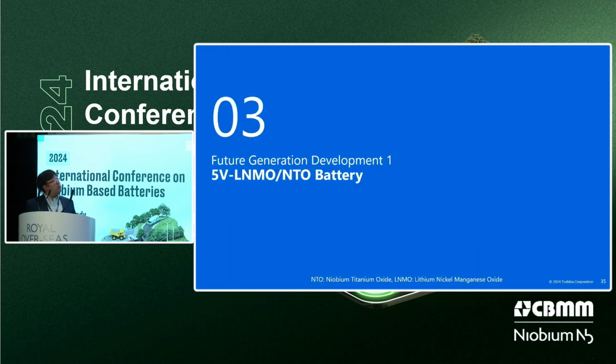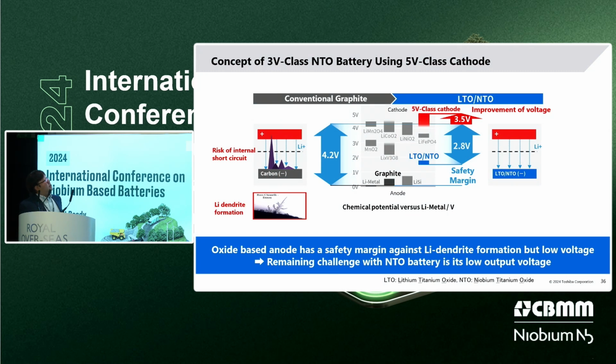So let's turn to the main topic. The first one is a 5-volt LNMO NTO battery. So we consider that the remaining challenge with the NTO battery is its low output voltage. So this is a concept of a 3-volt class NTO battery.